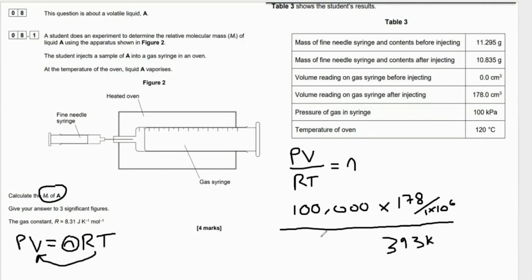R is 8.31. Whack this all into the calculator, and we get N, which is our moles, is equal to 5.45 times 10 to the minus 3, or 0.00545. Now, that's our moles.